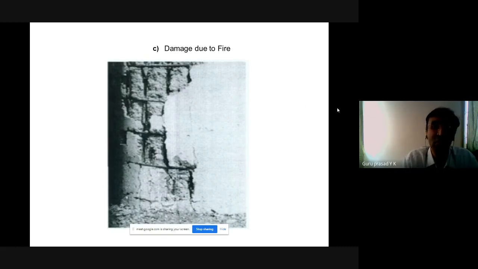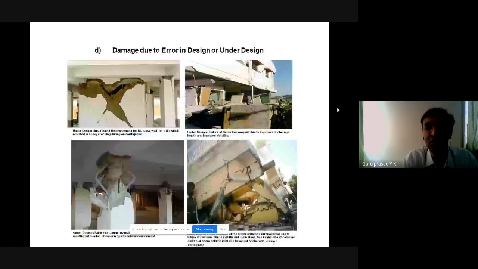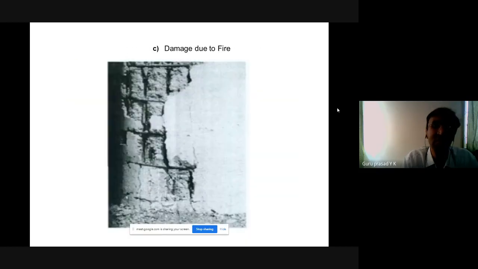Why am I talking about this? First, we need to understand what damages are taking place in the concrete members, and then comes the assessment. It is like first diagnose the disease and then give the treatment. First, this NDT is basically on diagnosis of the amount of damage that might have taken place in the member. It is like you're diagnosing the structure.